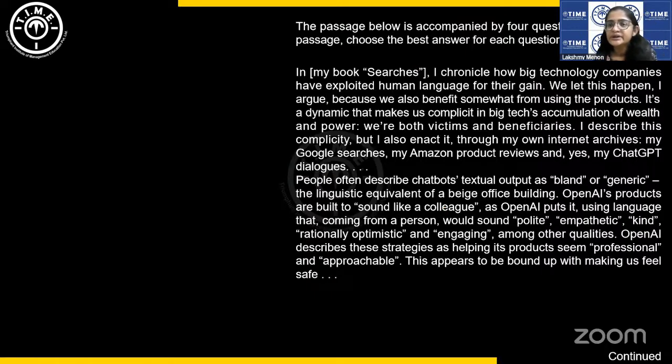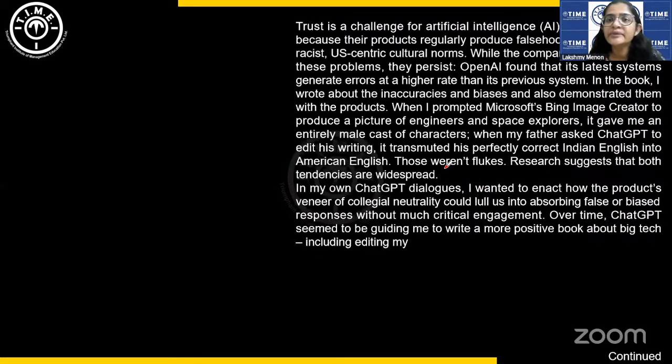Here, this passage is related to AI. It is on certain challenges related to AI. Biases. This is a topic which keeps coming up repeatedly, right? Biases caused by AI algorithms.